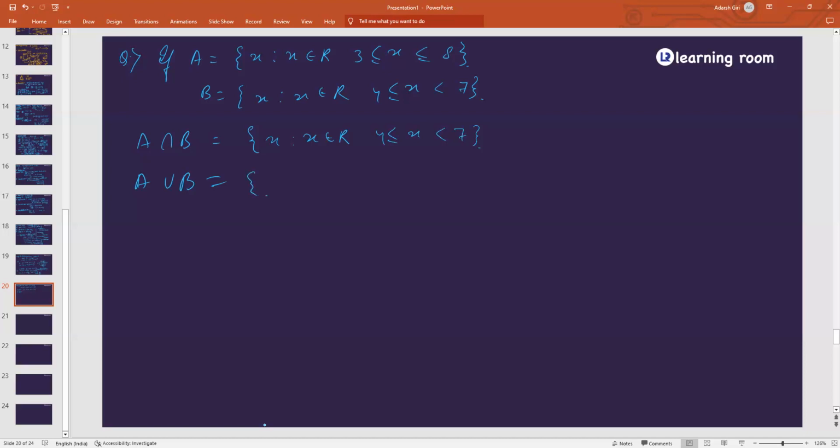Here, X is such that X belongs to R, greater than or equal to 3, less than or equal to 8. Any more answers? This is wrong. Any more answers?